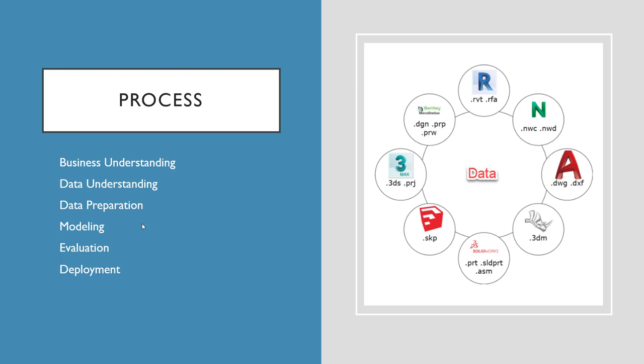Then data preparation, get it ready, clean up the data. So a lot of times we'll have to simplify it so that we can optimize the machine learning model as much as possible without also destroying it and not getting that accuracy in there. Modeling, and then evaluation, and then deployment.